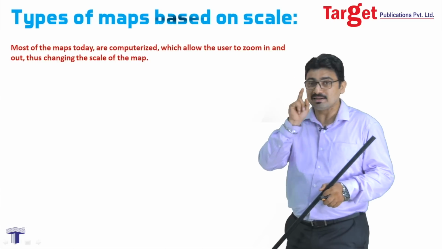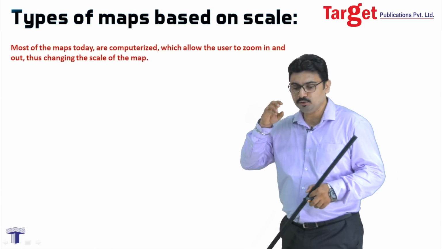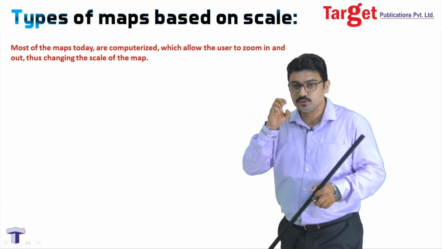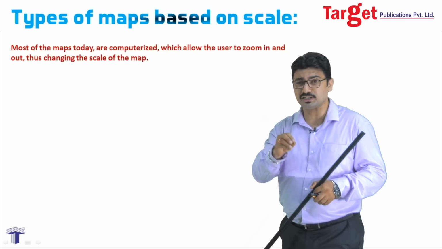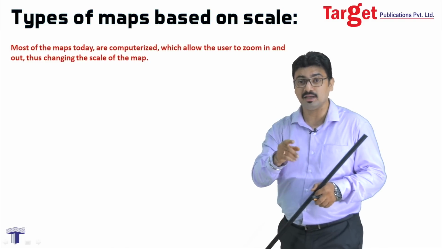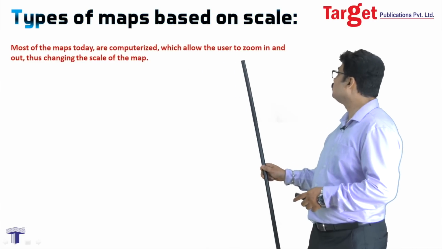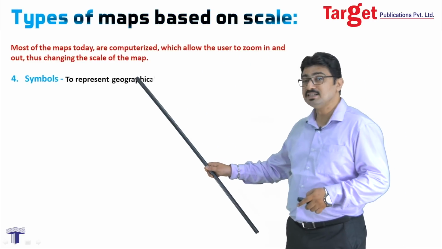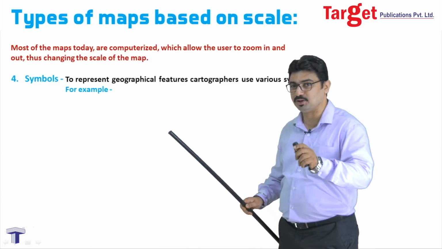You do not realize it, but yes, you are actually changing the scale of the map when you zoom in. When you want to know a particular place in Mumbai, you zoom in. When you want to know a particular place in Maharashtra, you zoom in. You understand its routes, you understand the roads, you understand the railway network. So, maps of today are computerized, which allows the user to zoom in and zoom out, thus changing the scale of the map. Yes, that is very important to note.